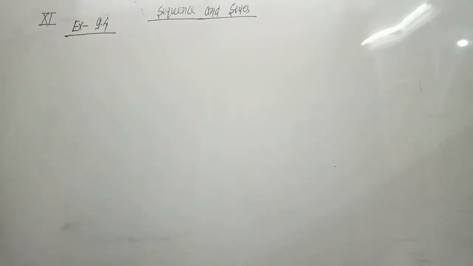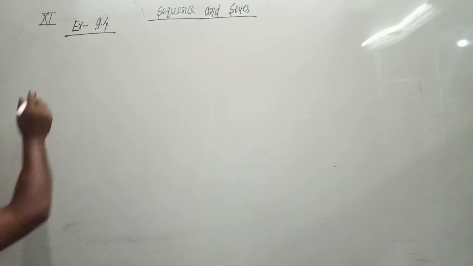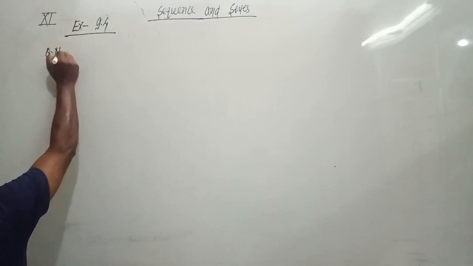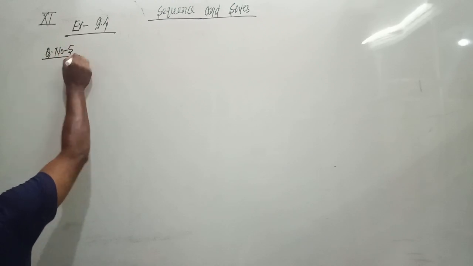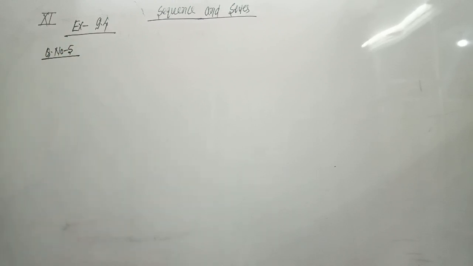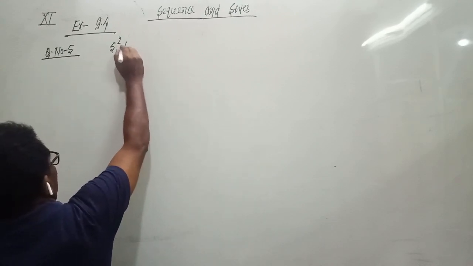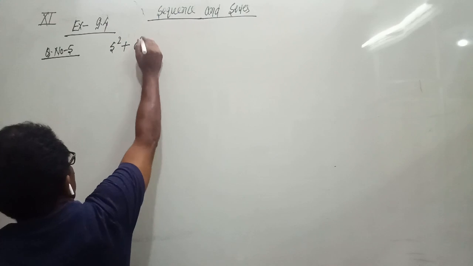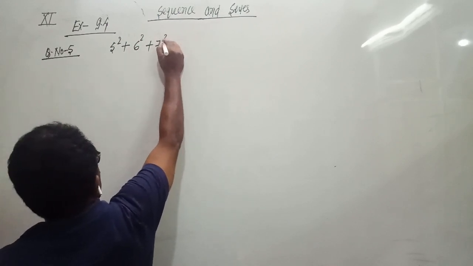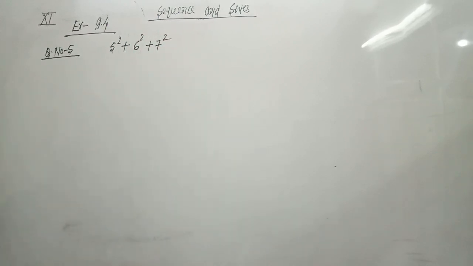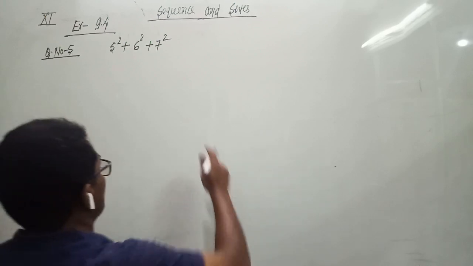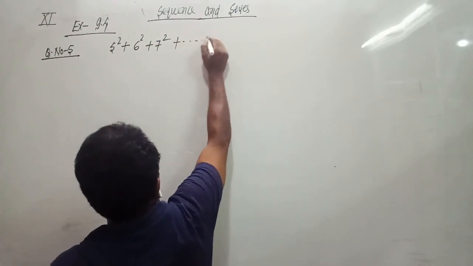Next, question number 5. 5 square plus 6 square plus 7 square plus up to 20 square.